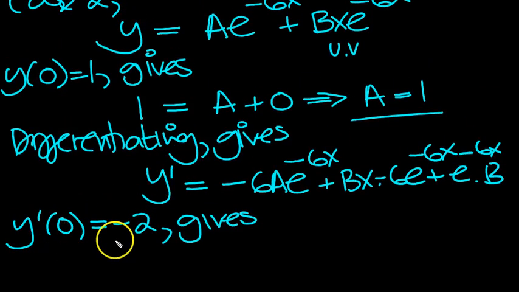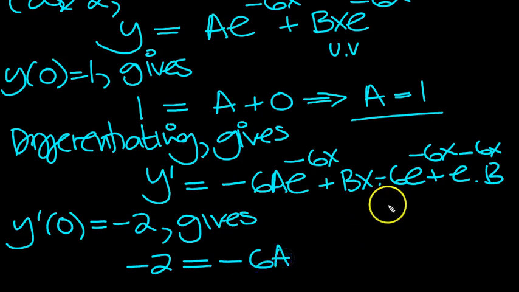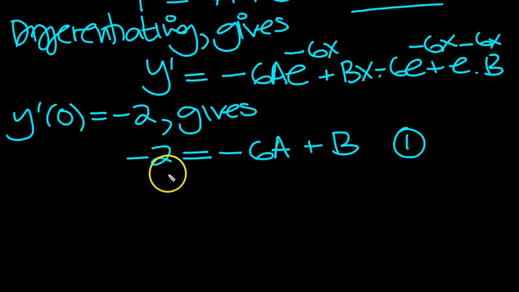So y dash 0 equals minus 2, so minus 2 then, and put x as 0 in. Here we'll just get minus 6a, and x will be 0, so this whole thing will be 0, and we've got a plus b e to the 0 at the end. So that's plus b. E to 0 is 1, so this is equation 2. A is 1 then. Oh, this can be equation 1.